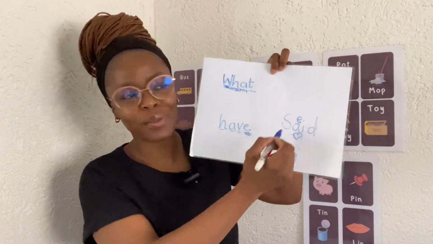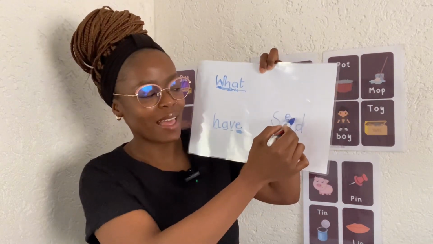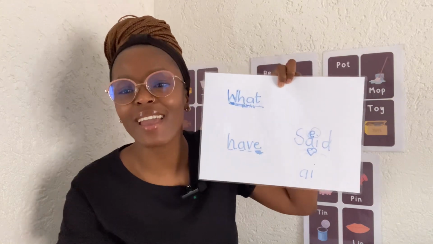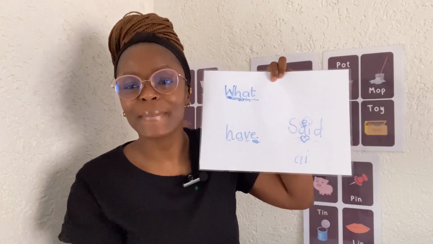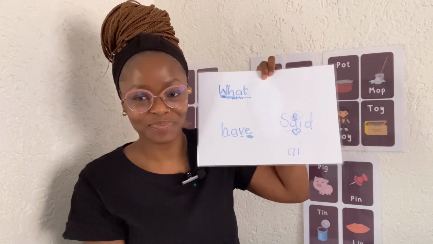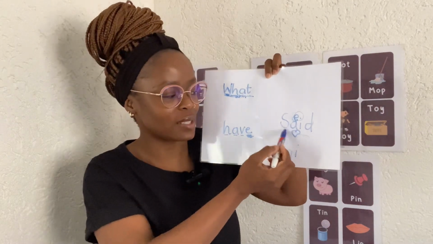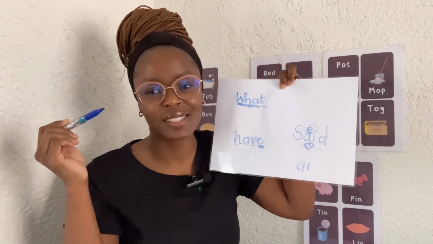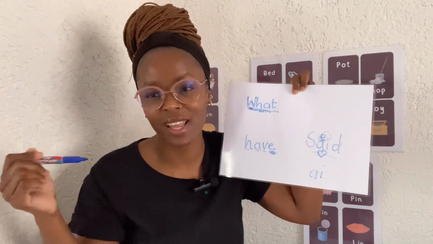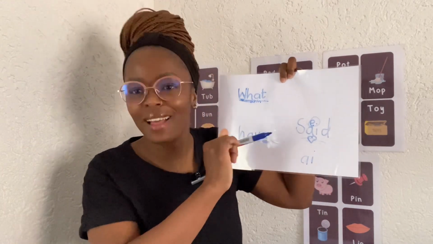This A-I on the word said makes the "eh" sound. Yes, it's that simple. When we do this, it makes it easier for them to grasp it and understand it. So yeah, this is how I do it.